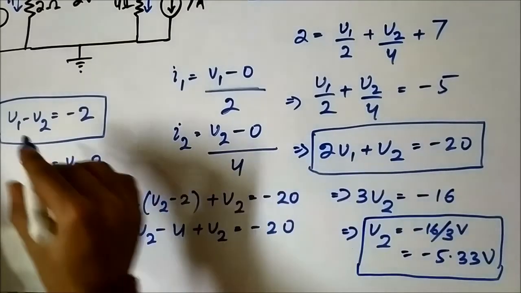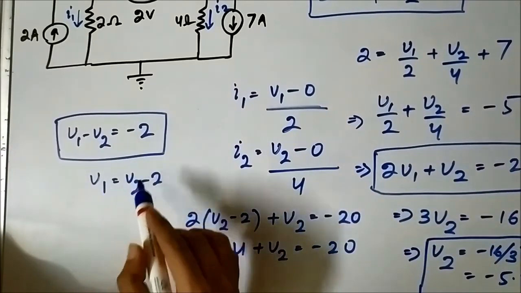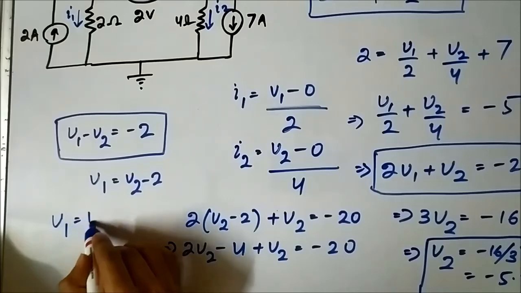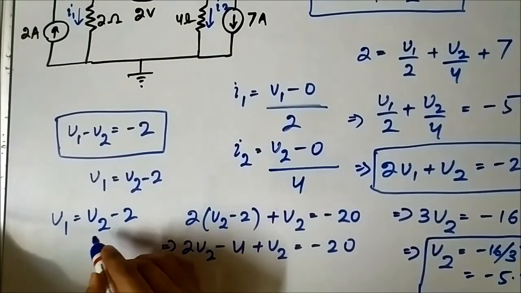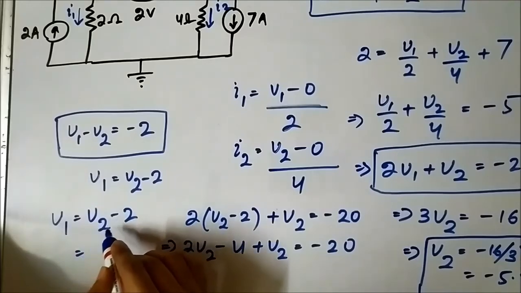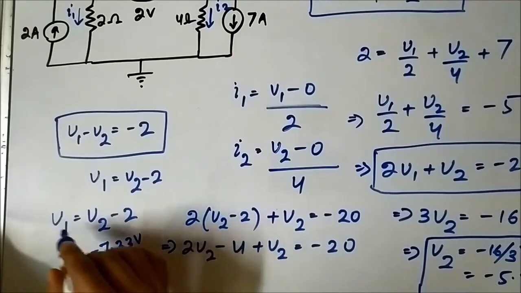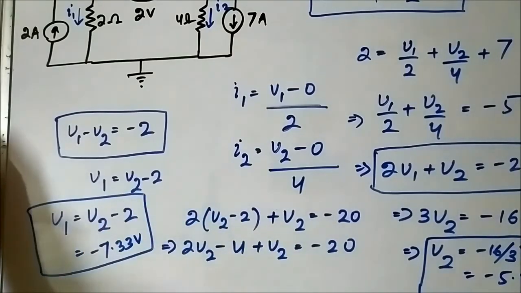Similarly, if we substitute this value here, V1 is equal to V2 minus 2, which is equal to minus 5.33 minus 2, which is minus 7.33 volt. So V1 is equal to minus 7.33 volt.